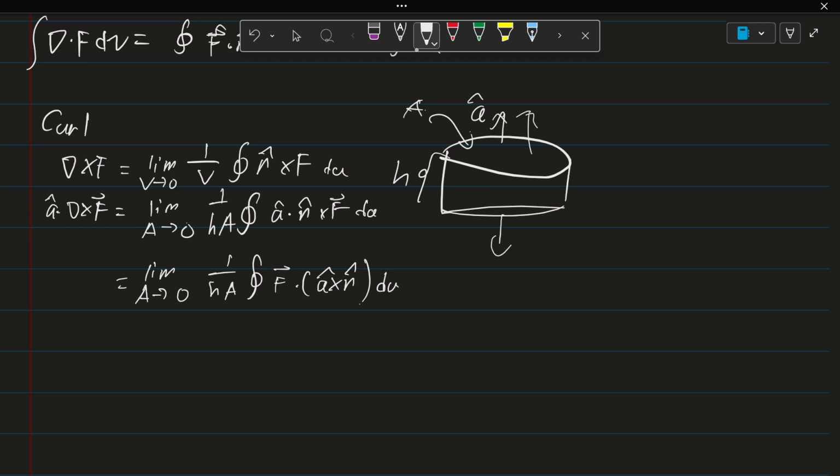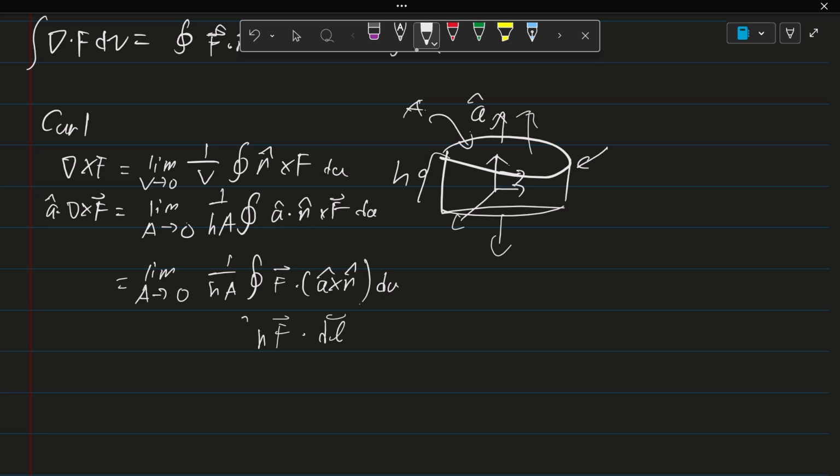But when it comes to the strip here, they are always perpendicular to each other. If you have the A vector here, the n will go outside, and therefore you would have your direction in this direction. So we could denote that as a very small length in here, or the dl vector. So it's f vector dot dl vector times the height.